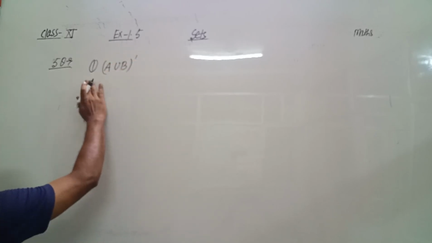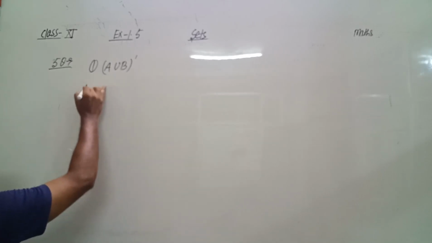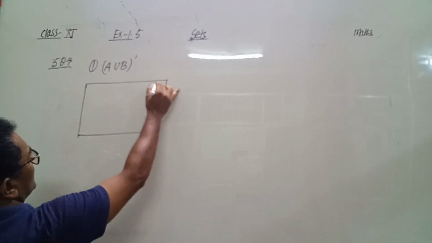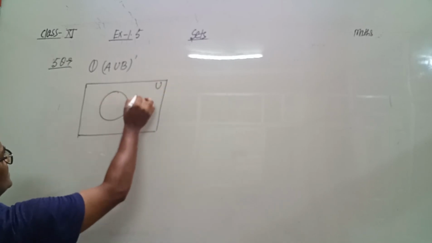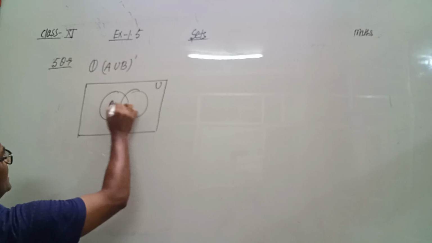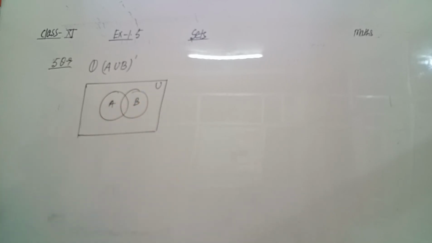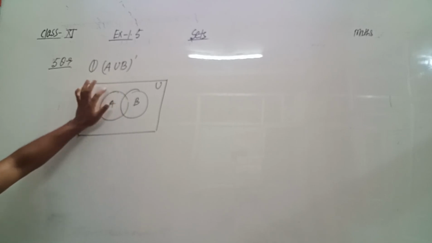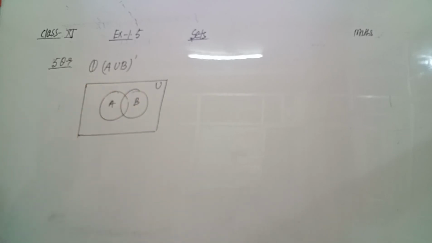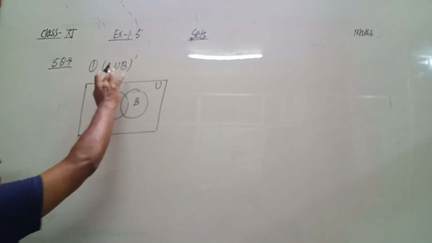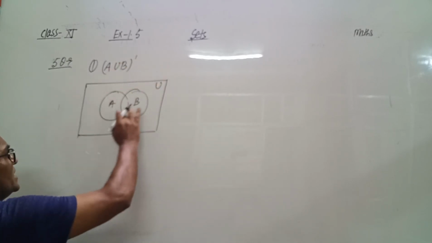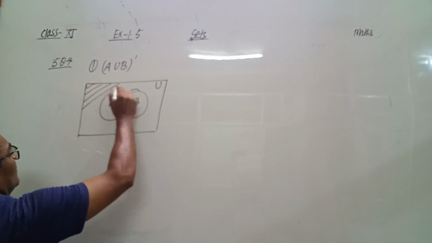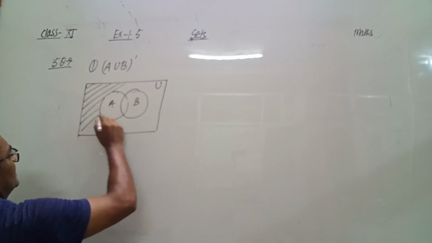For drawing the Venn diagram, this is the universal set U, this is set A and this is set B. So what would be A union B? A union B is the region of A as well as the region of B, and A union B dash means this whole region, the region of A and B, will be excluded from the universal set.